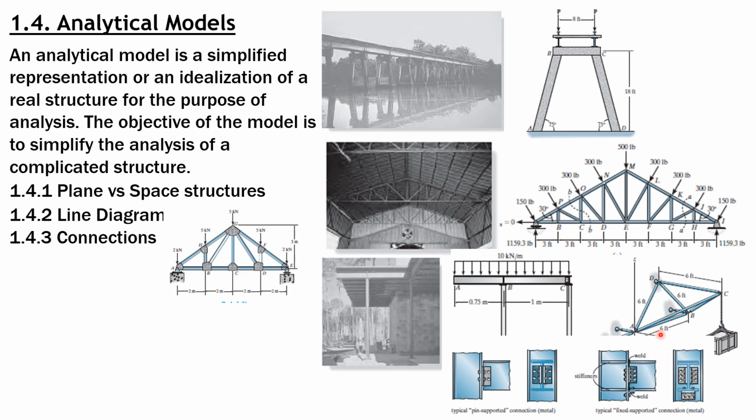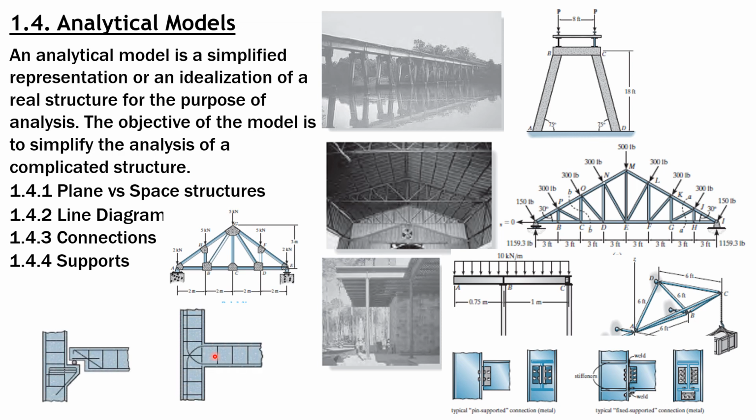So you know already the fixed support from your experience with statics and mechanics of materials, as well as this pin support here, which is the same as this. Then supports, it may be a roller, or you have another column as support, which is considered fixed.